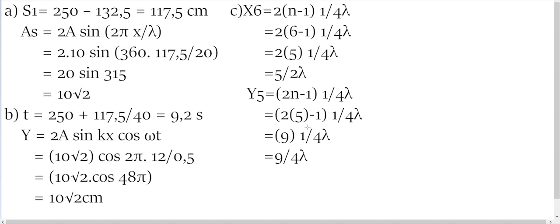And for the antinode itself, we're just going to put in the formula, which is x5 equals 2 times 5 minus 1. So 2 times 5 is 10, and minus 1 is 9, and times a quarter of lambda, which is 9 per 4 lambda. And that's all, the questions are solved.